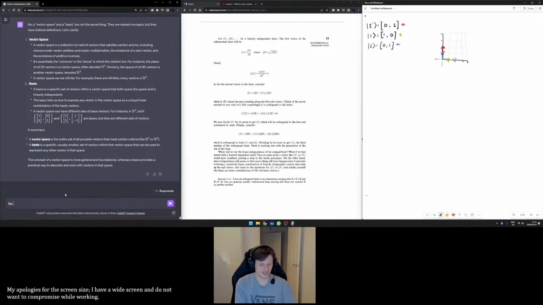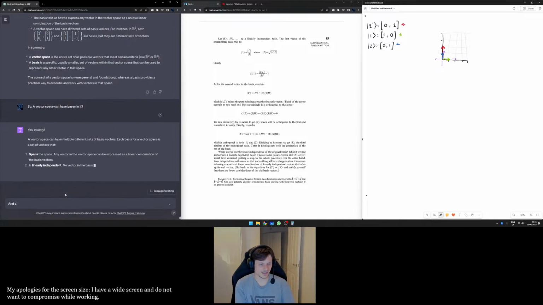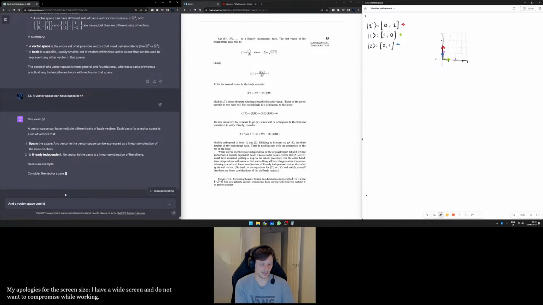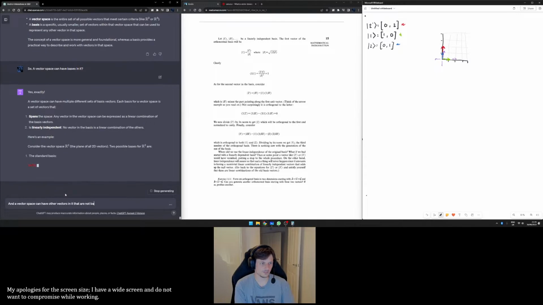So a vector space can have bases in it. Yes. And a vector space can have other vectors in it that are not bases.